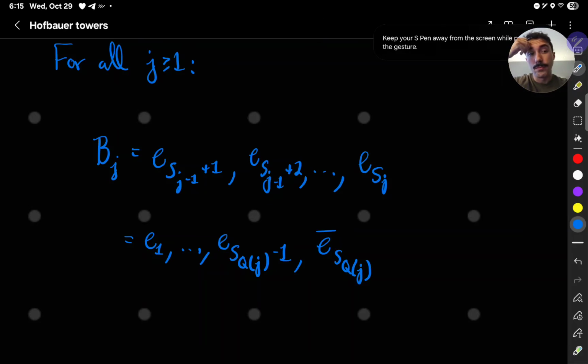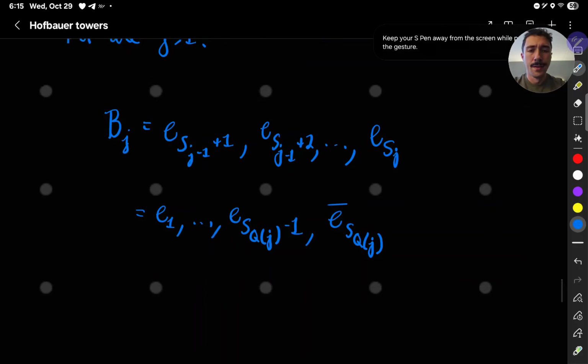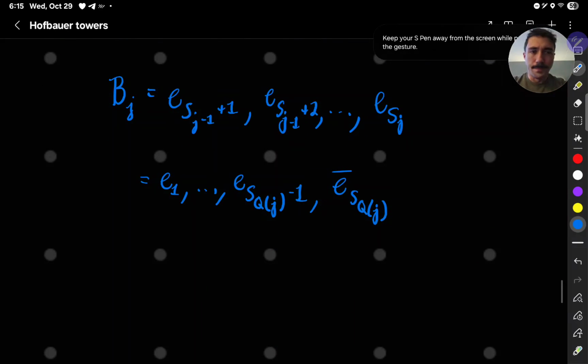pivot the kneading symbol. So writing a bar above the E just means if it's 1, make it 0. If it's 0, make it 1. If it's C, you can't talk about it. So we can't deal with periodic orbits here. I mean, there's a way you can extend it to do that, but in the multimodal case, this relation actually gets fairly complicated. And pivoting has a strange structure to it.